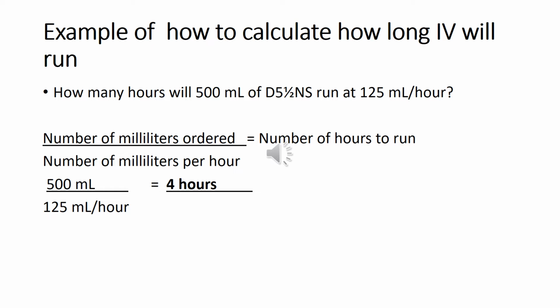You're going to cross cancel your milliliters, which will leave you the hours on the bottom, and divide 500 by 125, which will give you the 4 hours. So like I said, it's just a basic conversion. It's very simple. So you know that a 500 bag running at 125 mils per hour is going to run for 4 hours.